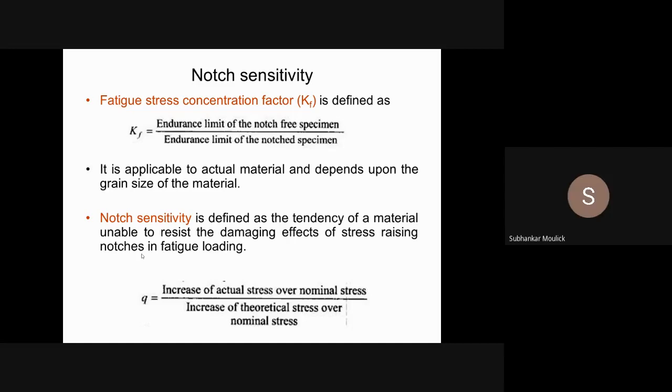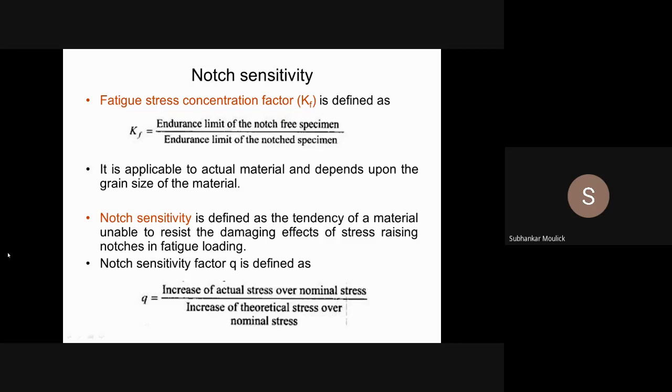Fine. Likewise, now if you want to measure this notch sensitivity value in actual material, how can you measure? You can measure by a term called q, and that q is known as notch sensitivity factor. You can measure how sensitive the notch is in a material.